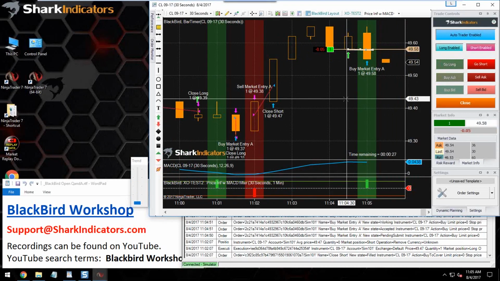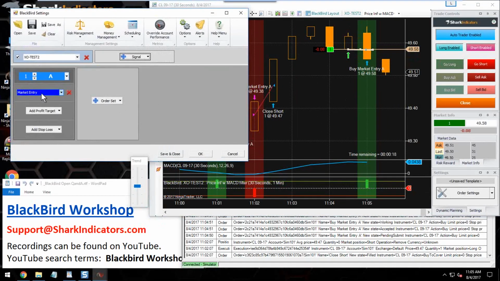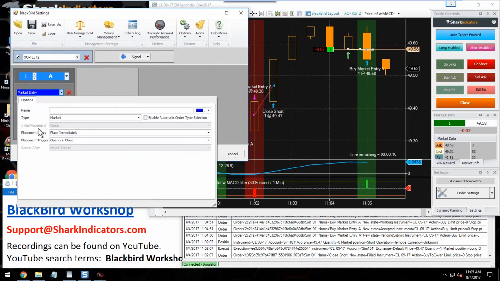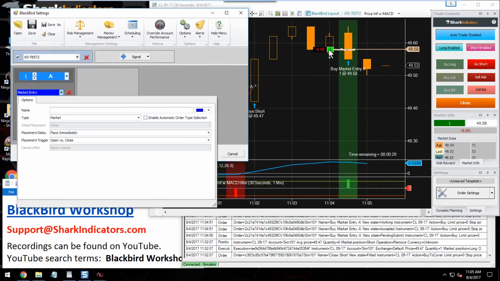So, all right, let me just review how we did this here. The trader wants to submit a market order as soon as price crosses the open of the previous bar after getting a trade signal.